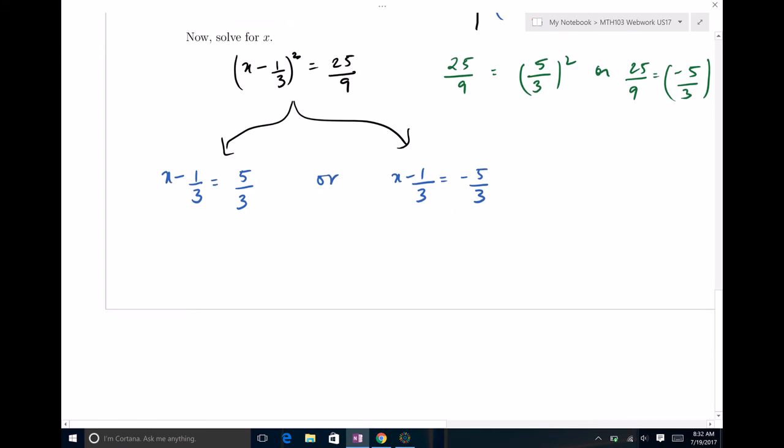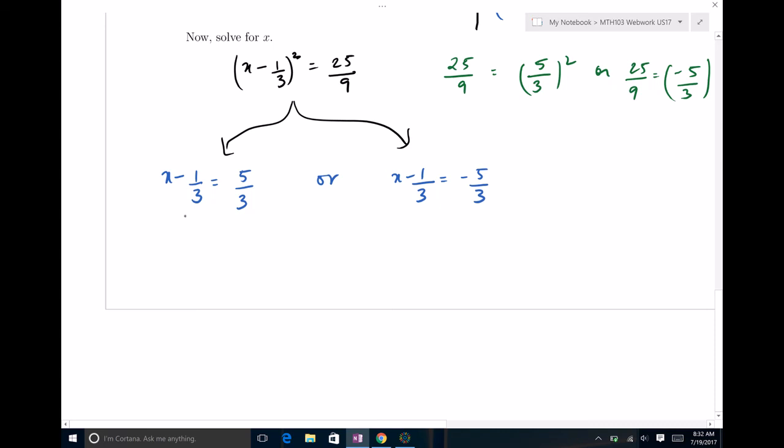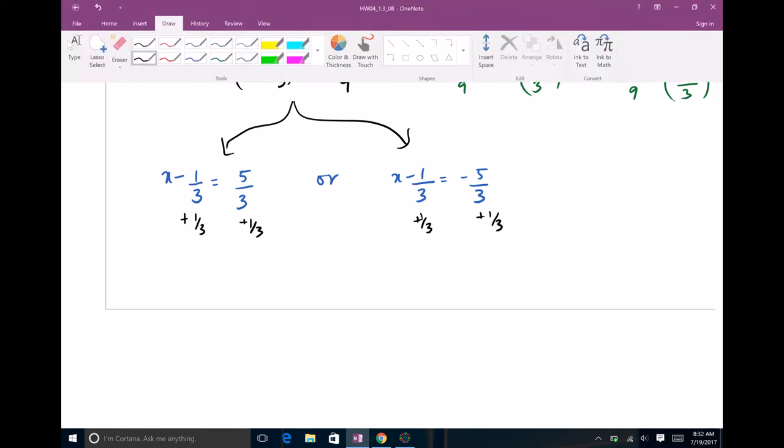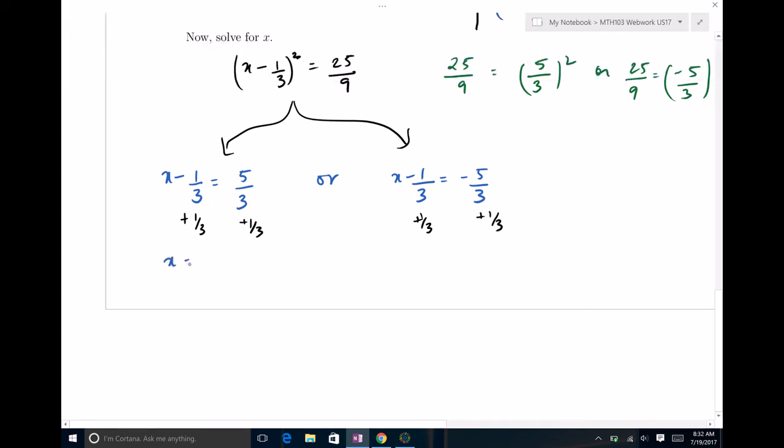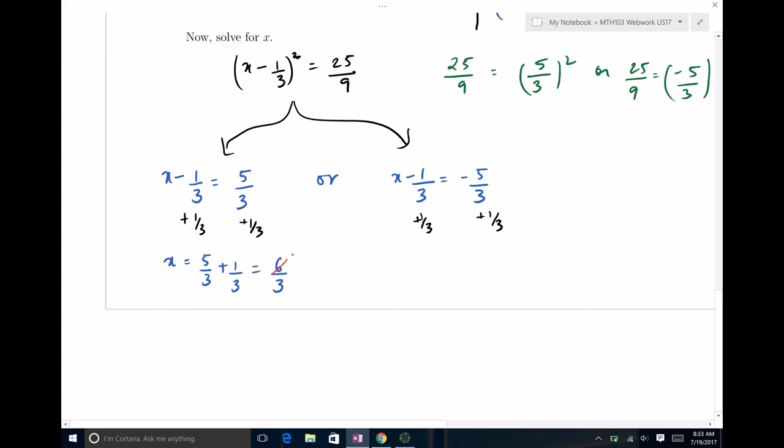These are very simple linear equations to solve now. To get rid of the 1 over 3, I add 1 over 3 to both sides of the equation, and I do this for both equations. So I get x is 5 over 3 plus 1 over 3, which is 6 over 3, which simplifies to just 2.